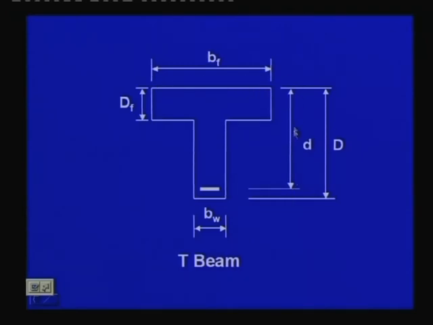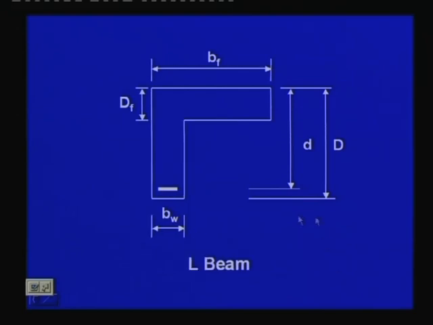Here again we take the effective depth D up to the level of the tensile steel, and capital D is the overall depth. So, we have two more parameters, DF and BF.